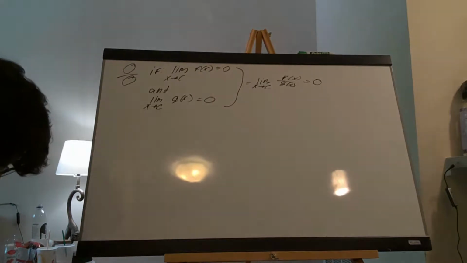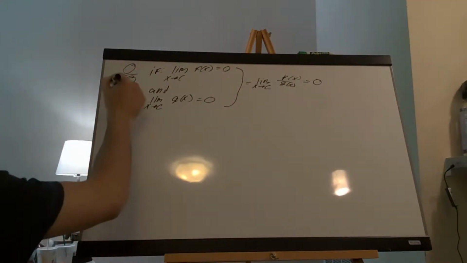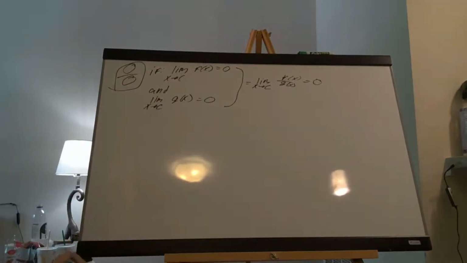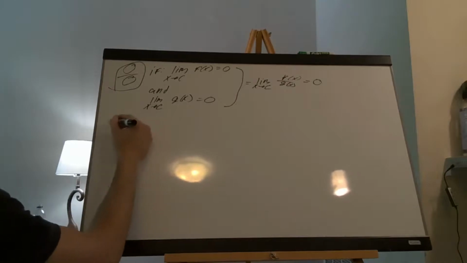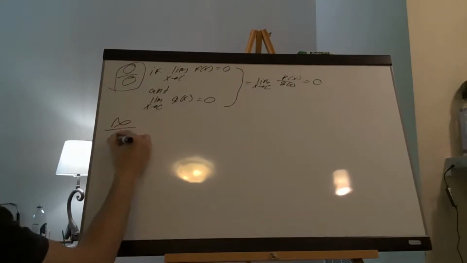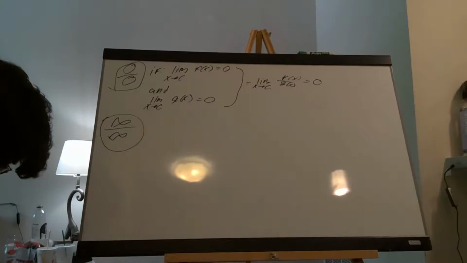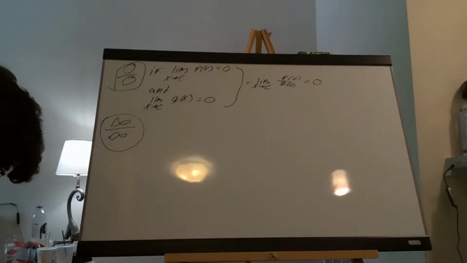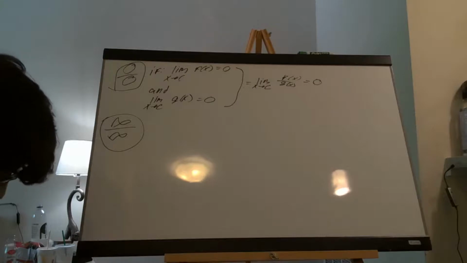So if x approaches c, this is one form of when you should use L'Hopital's rule. Another one would be if you get something like infinity over infinity, or 0 over infinity. No, not 0 over infinity, that's just 0.